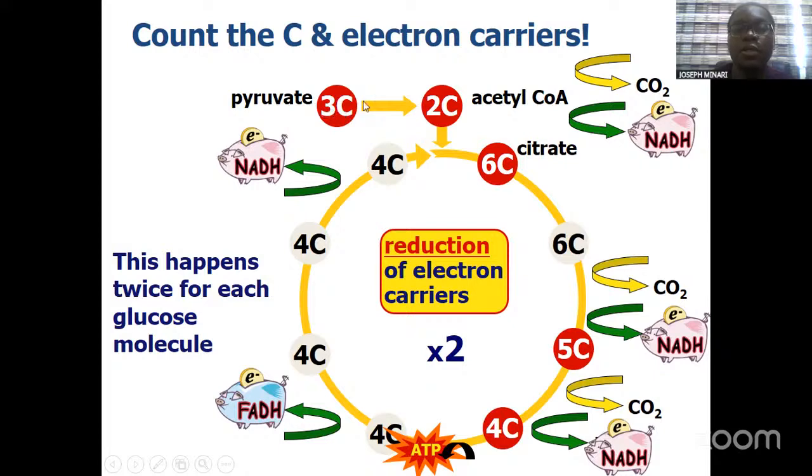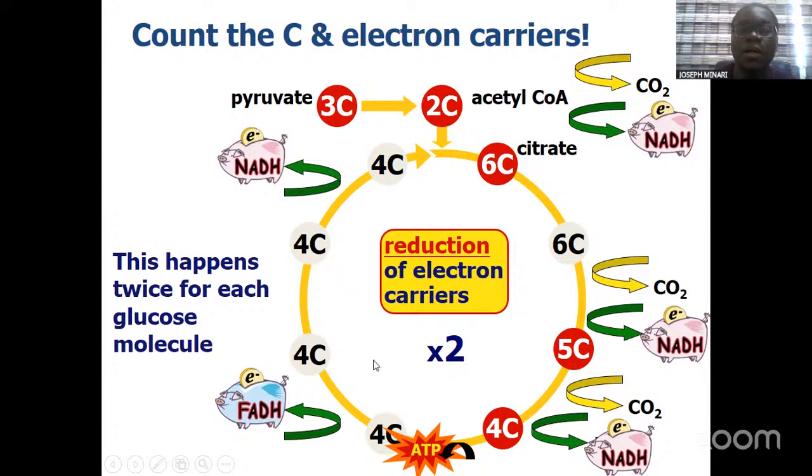Pyruvate being 3 carbon, reduces by 1 to form CO2, and then the 2 carbon acetyl-CoA forms the citrate with 6 carbon. Another reduction to 5 carbon, CO2 being formed. Another reduction to 4 carbon, CO2 being formed. 4 carbon still remains, 4 carbon still remains, 4 carbon still remains, and it comes down to oxaloacetate that has the same 4 carbon.